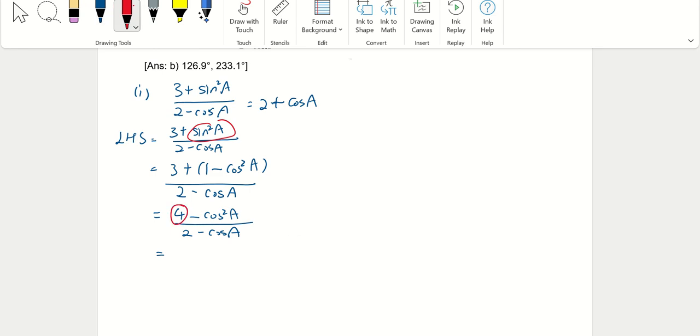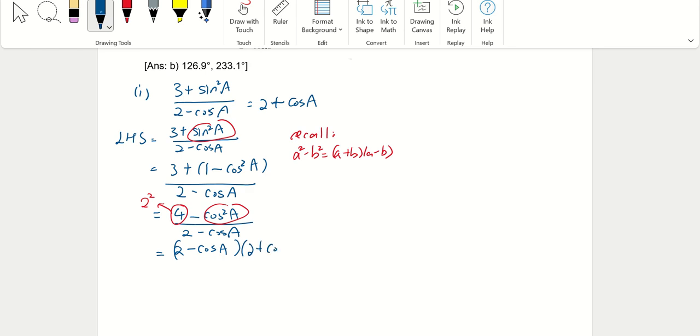You can see that this 4 is actually a perfect square, 2², and this is also a perfect square because it's cos²A. So if you recall this identity, a² − b² equals (a + b)(a − b), and we apply it in this context, this would be actually (2 − cos A)(2 + cos A), right?